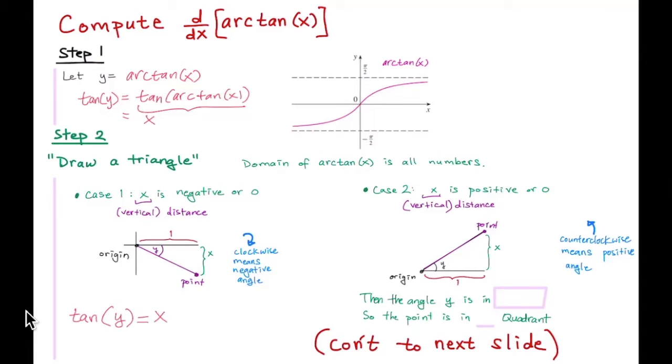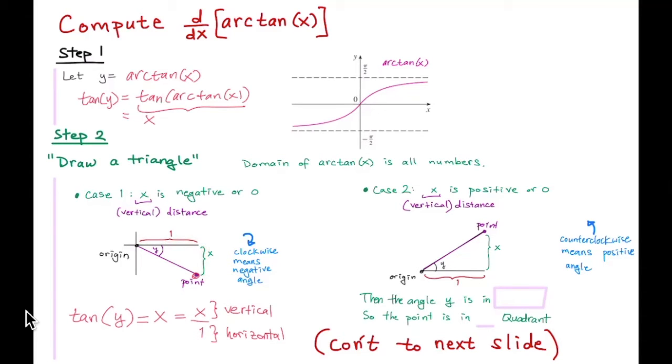This means that I can draw this point here, and I can think of this x as x over 1, where x is the vertical part and 1 is the horizontal part. And that's why I have drawn here 1 as the horizontal part and x as the vertical part.